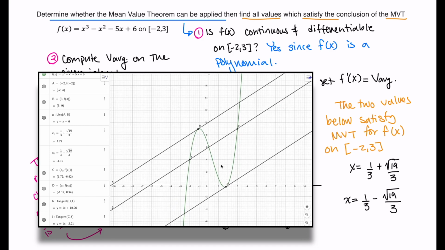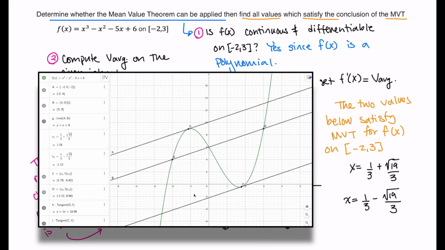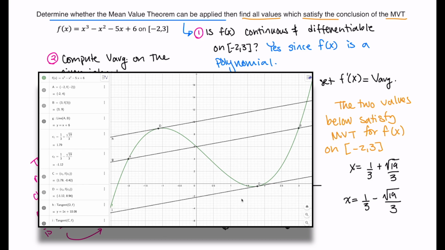So as you can see, these lines are all parallel. And on our interval from -2 to 3, let me hide most everything except our interval. There we are. So basically on our interval, we found 2 points that enjoy the same slope as the secant line through the endpoints of the interval.